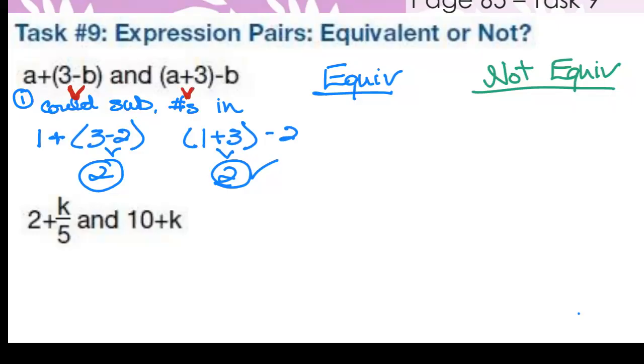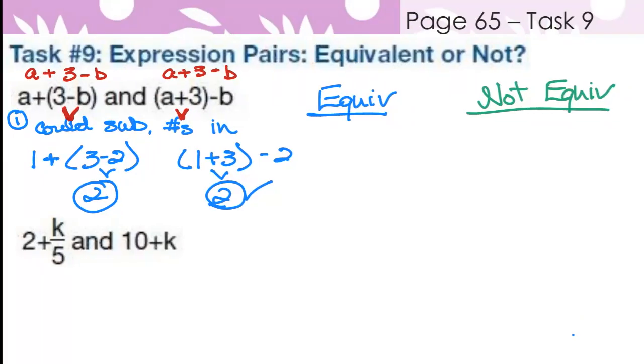Can you simplify that? No, you can't. So essentially, it becomes A plus 3 minus B, and is that equivalent to A plus 3 minus B? They are pretty much the same thing.